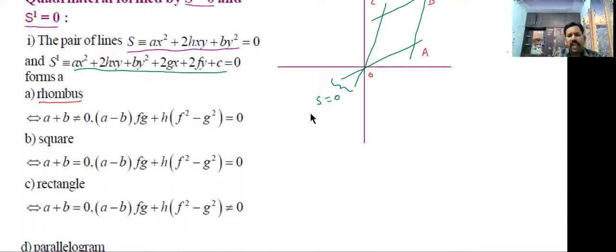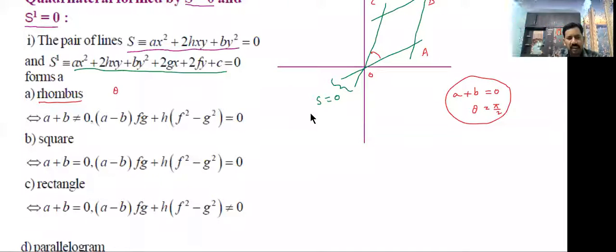That means the angle between the pair of lines: a plus b, coefficient of x square plus coefficient of y square, is equal to 0 means the angle between the pair of lines is 90 degrees. A plus b is equal to 0 means theta is 90. But in a rhombus, the angle between adjacent sides is not 90 degrees.